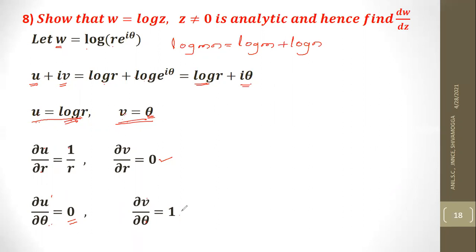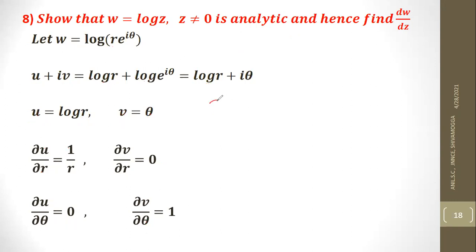Now try to establish CR equations. What is the first CR equation in polar form? Del u by del r is equal to 1 by r into del v by del theta.